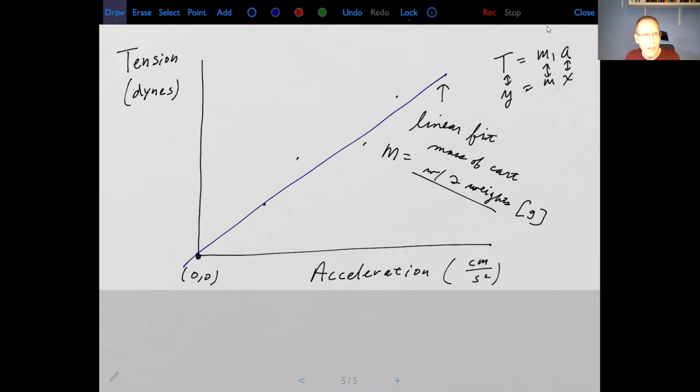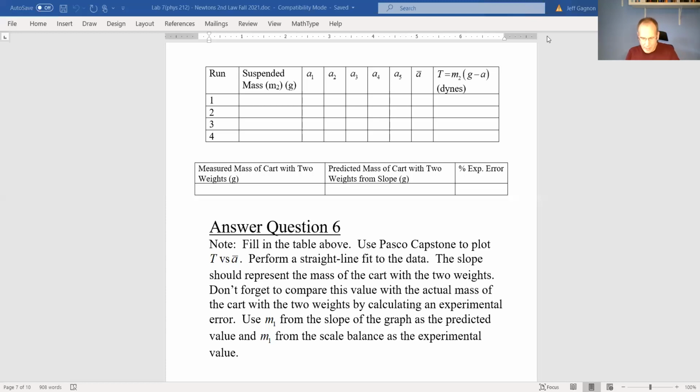Okay, so you're going to do that graph on Pascal Capstone, linear fit, right? It'll give you the slope value, and that slope represents the mass of the cart with the two cylindrical weights. Okay, so that value, we're going to call that our predicted mass of the cart with the two weights.